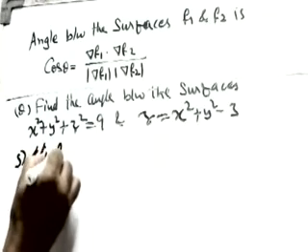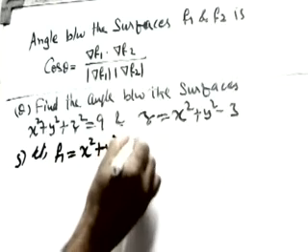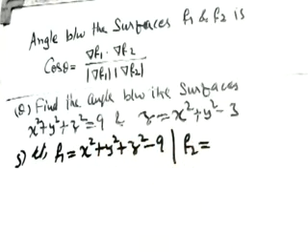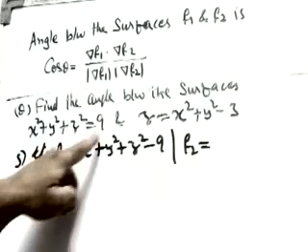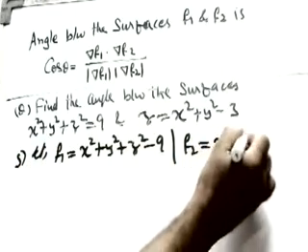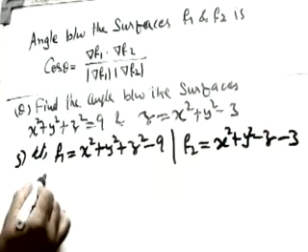Find the angle between the surfaces. Let the first one be denoted by f1 equals x square plus y square plus z square minus 9, and let this be f2, x square plus y square plus z square minus 9. Bring this z here, so we can write it like this: x square plus y square minus z minus 3.